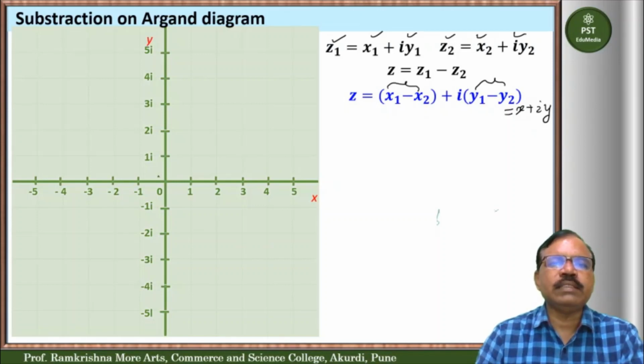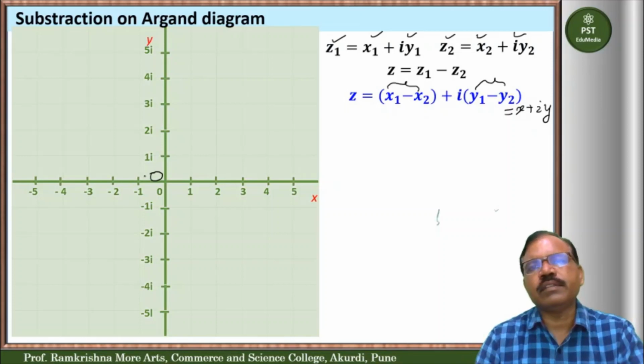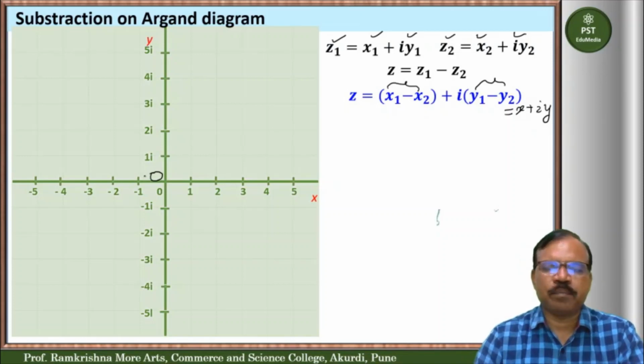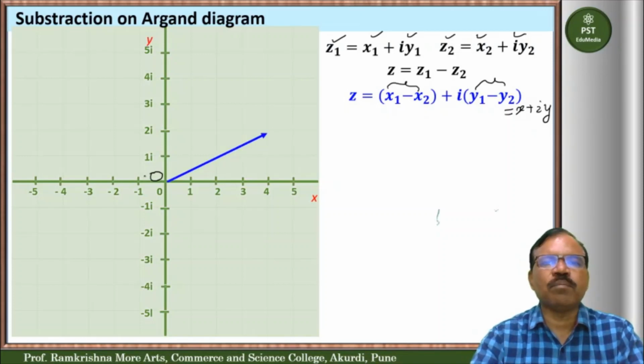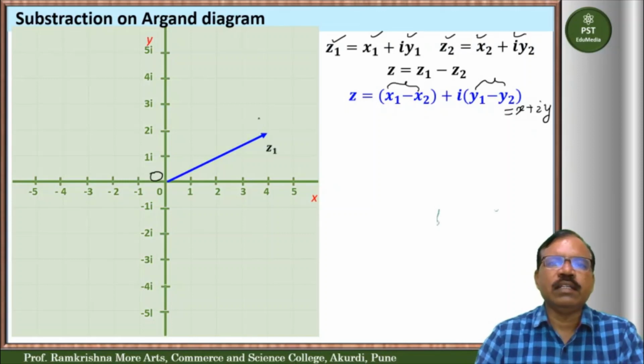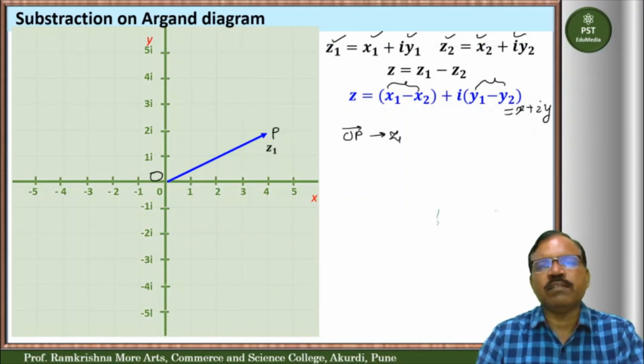Now we will represent this subtraction on Argand diagram. So let us take first complex number, that is Z1, represented by vector OP. So OP vector represents complex number Z1. So coordinates of this point P are x1, y1.